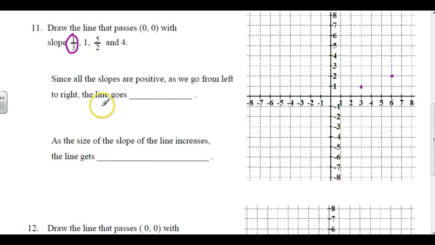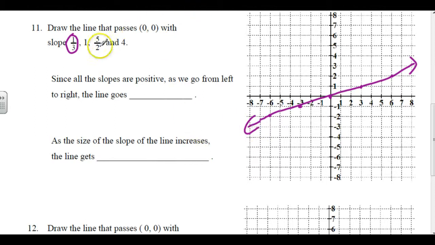I can't do that anymore, but I can go down 1, left 3, down 1, left 3, down 1, left 3. Now I've put every point that I can on the grid. If I go down 1 and left 3, I'll be off the grid. And let's draw the line, with arrows on both ends, so that's purple.